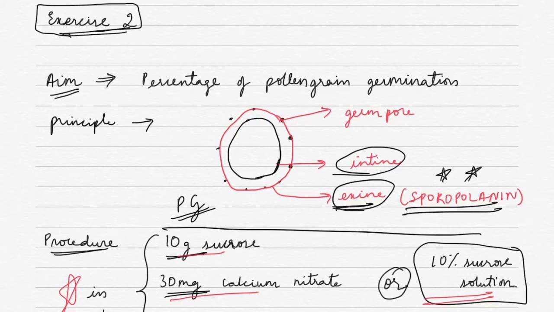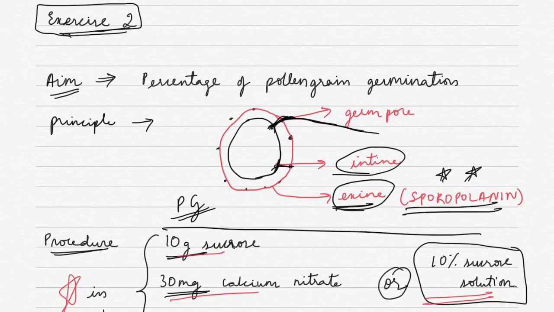That's why it can be stored for a very long time. But through these germ pores, the places where the sporopollenin is absent, the intine can form pollen tubes and come out through the exine.